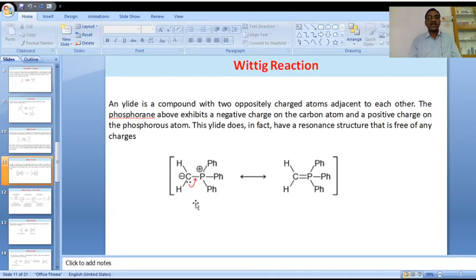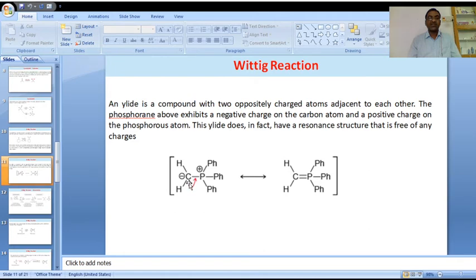This ylide does in fact have a resonance structure that is free of any charges. Here these are positive and negative charged species. It is called an ylide.